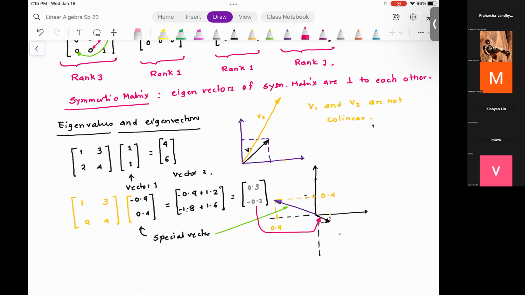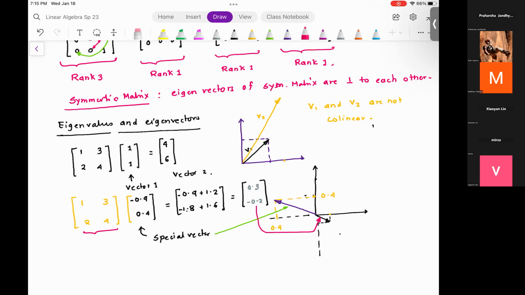And that's what it means by having an eigenvector. So the eigenvector means it's a special vector that when we multiply this special vector by that matrix, we get another vector which is a scaled version of the same vector along the same line. And again, for this matrix, there are two eigenvectors, and eigenvectors are scaled by the eigenvalues.